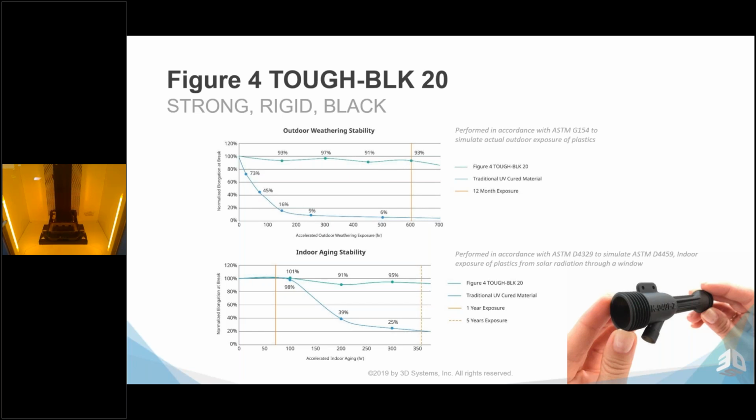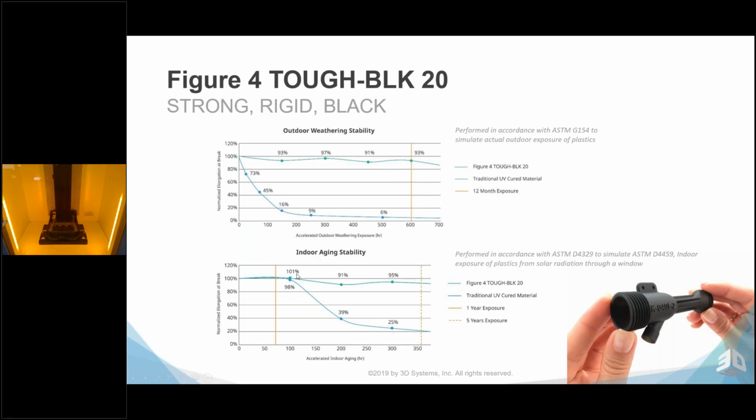And what they can do with that is put UV stabilizers inside the material, and it matches up with the wavelength of the light, and now you have a UV stable material and part coming out of the printer. Which, for me, I think this is really one of the first on the market.